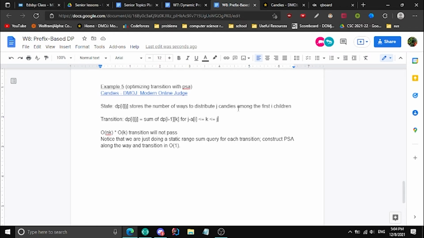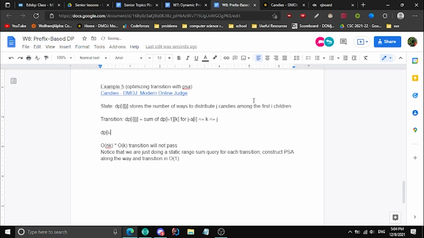So dp at i-1 at j is the ways to distribute j candies among the first i-1 children.